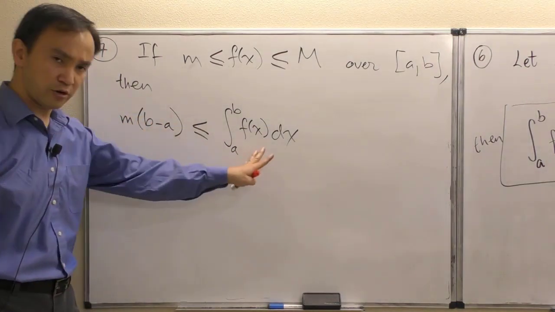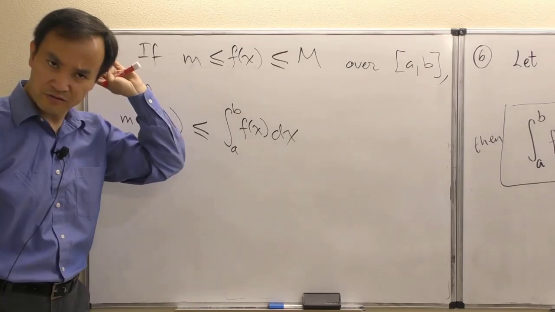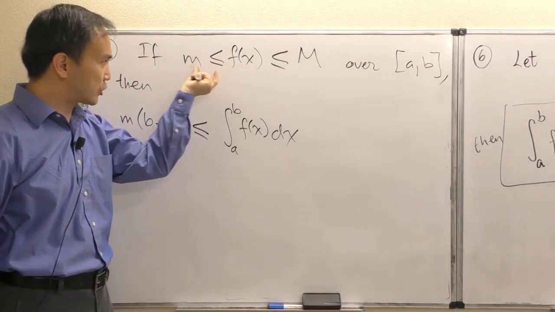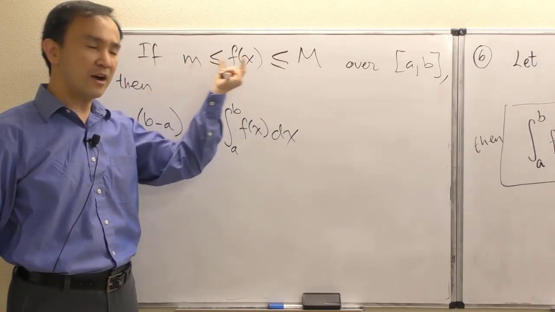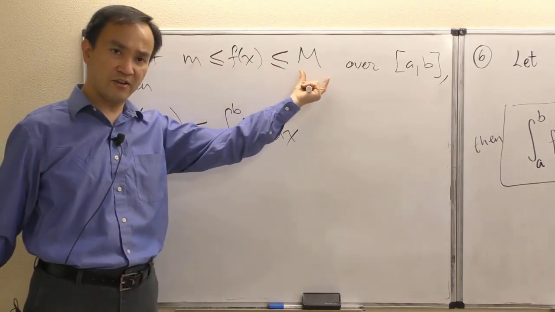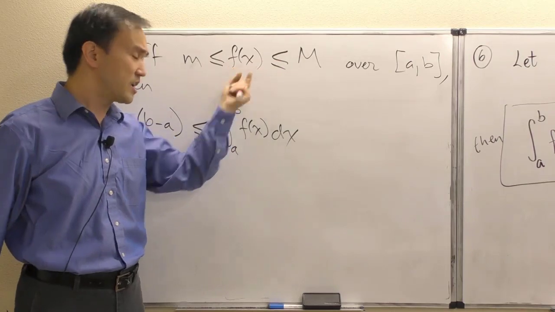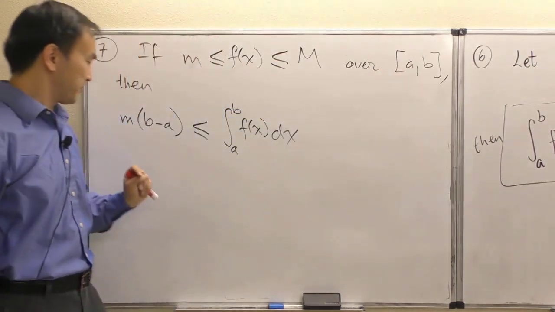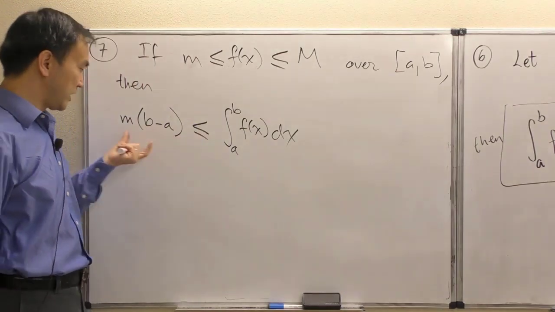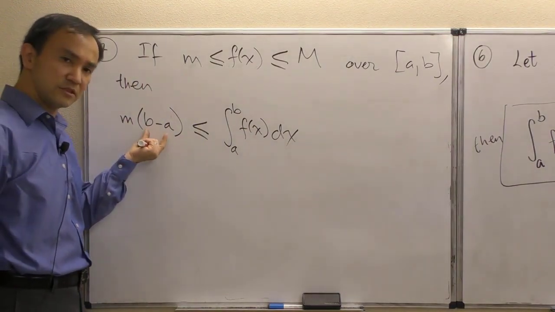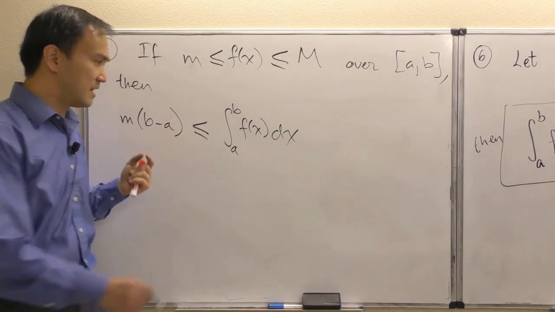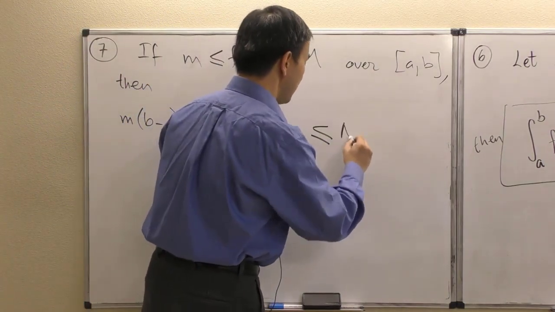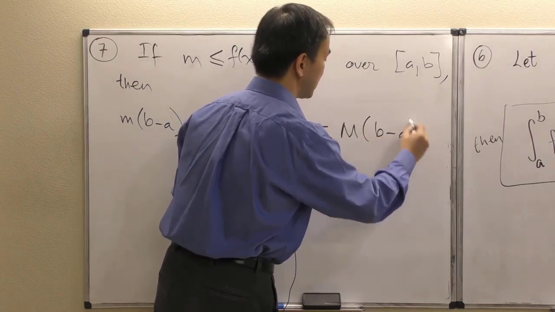Even though we still never knew the exact function, as long as we know the function is trapped between a lower value and a higher value above, then the integral over that interval will be for sure greater than or equal to m times the total interval distance b minus a. And then for sure this integral will be less than or equal to capital M times b minus a right there.